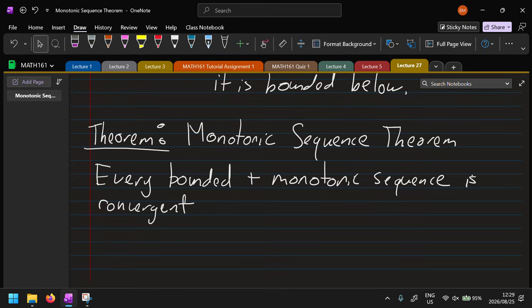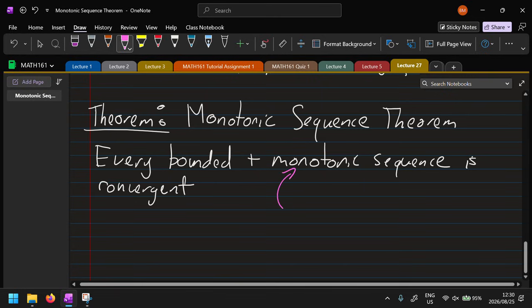Monotonic means the sequence is either always increasing or always decreasing. It can't be a combination. So mono, meaning one, so it's one of the two. It's either increasing or it's decreasing. It can't be a mix.